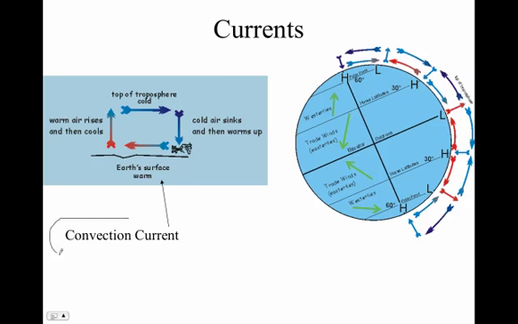Well, convection currents start when there's unequal heating. And a convection current is a wind. And so on the Earth's surface, we get winds that help push the water along on the surface.